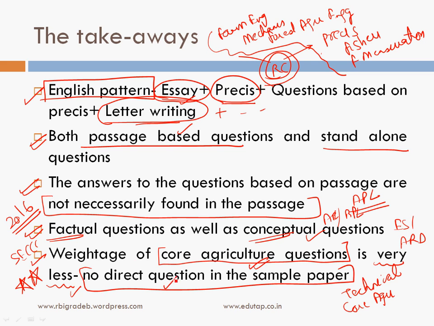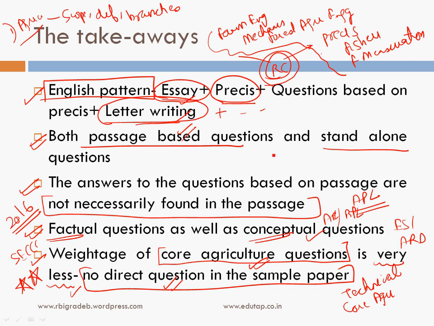So the takeaway from this point is that when you start preparing for NABARD, do not start your preparation by picking up the first topic of agriculture, scope, definition and all branches. Don't start your preparation in this way, that you pick up the first topic of agriculture and then you start reading the scope of agriculture, the definition of agriculture, the various branches of agriculture, and then you move on to agronomy, then you move on to horticulture and so on. That is not the smart way to prepare for NABARD, as you can see from the sample paper, as well as I'll be discussing the actual examination that was held in 2016.